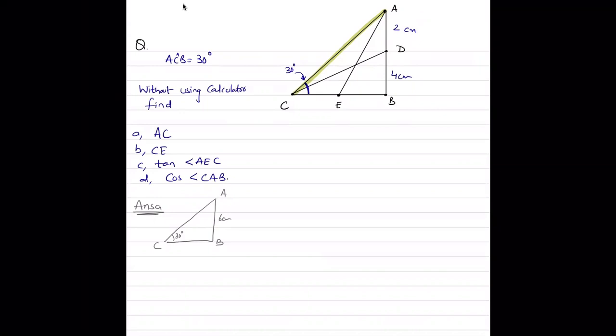Now, which trigonometric ratio can help me get the length of AC?